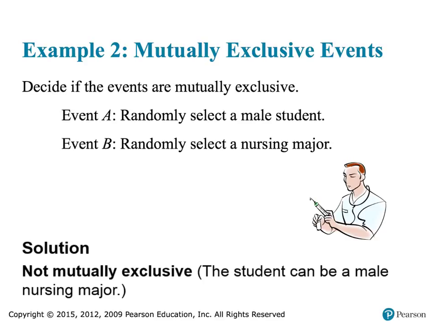And event B, you select a student randomly, and that student is a nursing major. Well, because a student can be both a male and a nursing major, these events are not mutually exclusive because a person selected can fit in both events.